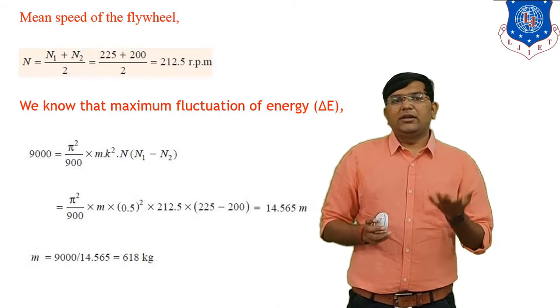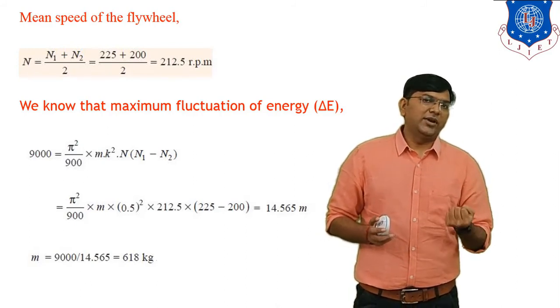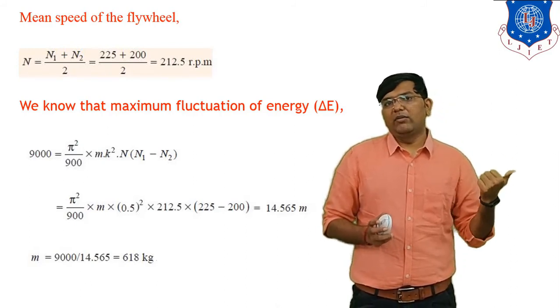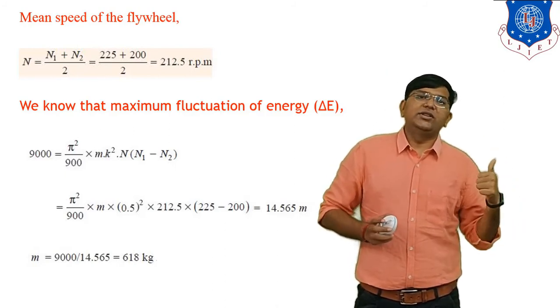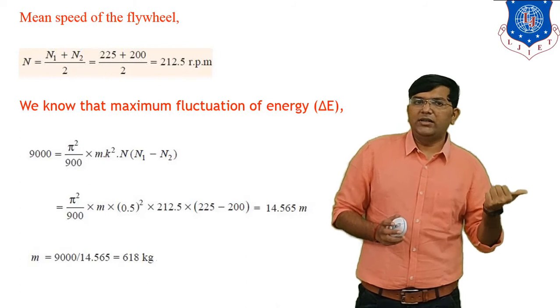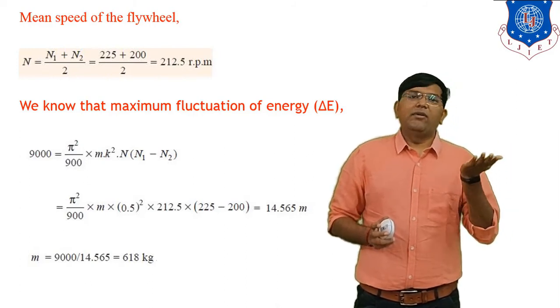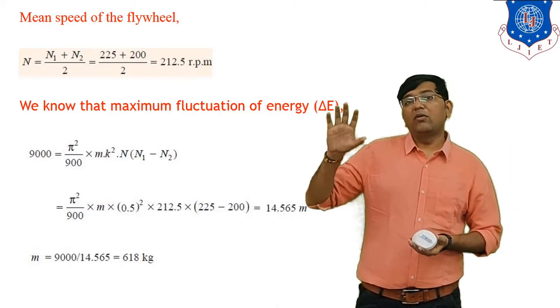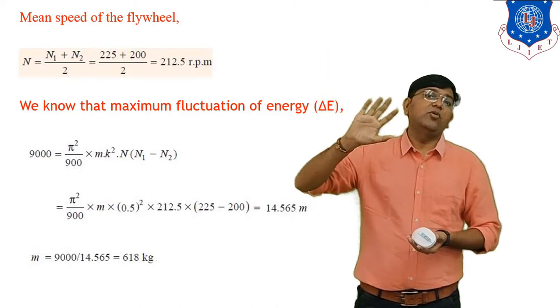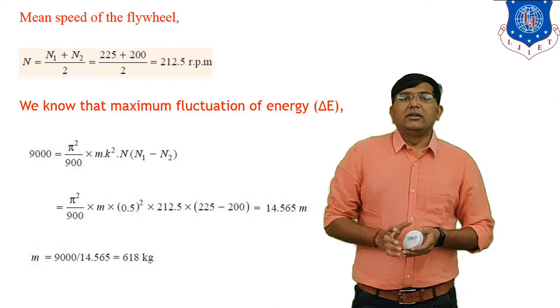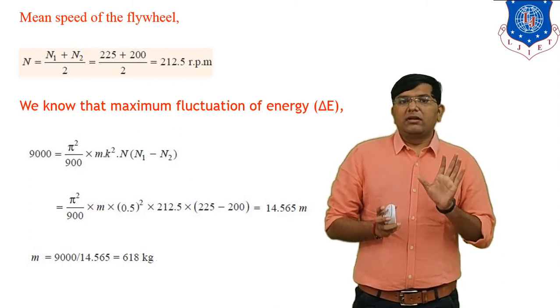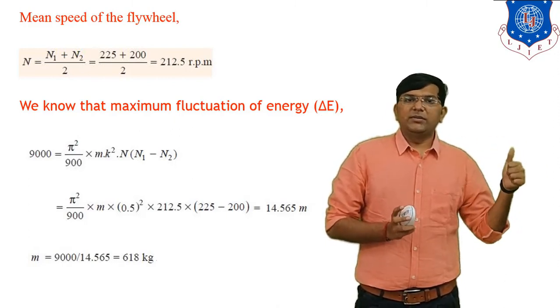So this is the numerical based on the flywheel punching press. We already solved one numerical based on the turning moment diagram. We already derived the equation for the punching press and maximum fluctuation of energy. So in the next session we will solve one numerical based on the turning moment diagram for the multi-cylinder engine. Clear? So in today's session we discussed a numerical based on the punching press. Okay?